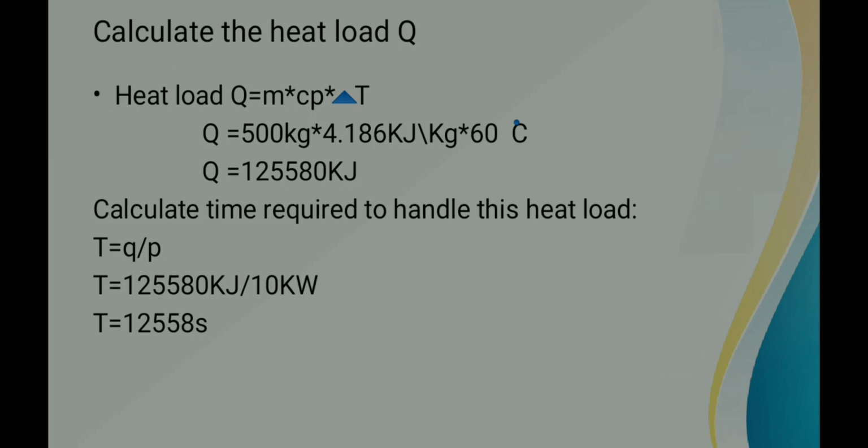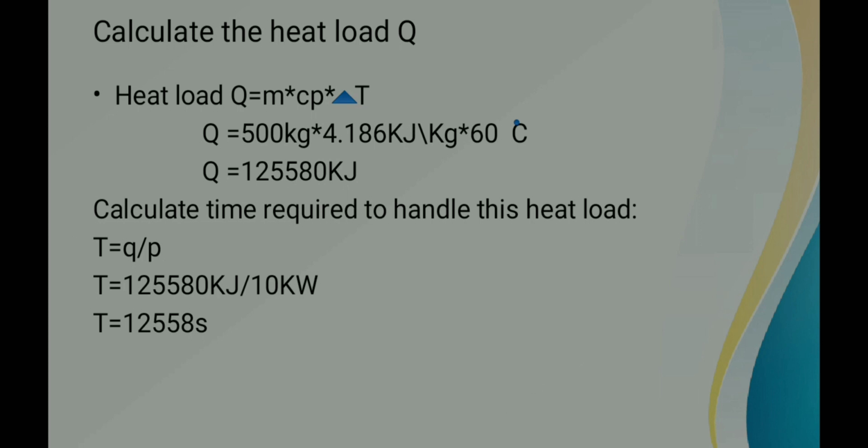Now we have to calculate the time required to handle the heat load. The time is equal to Q by P, where Q is the heat load and P is the power. Normally they use 10 kilowatt. So time is equal to Q by P, which is 125,580 kilojoules by 10 kilowatt.